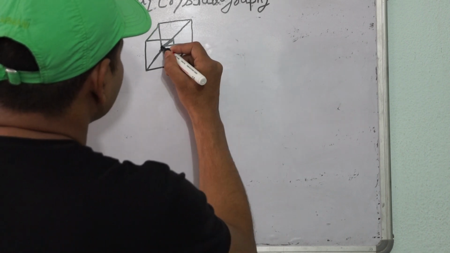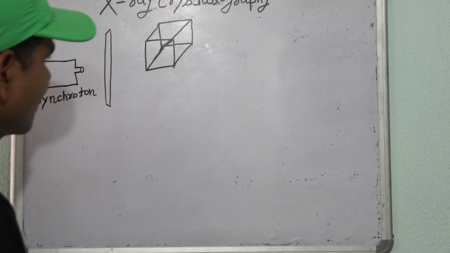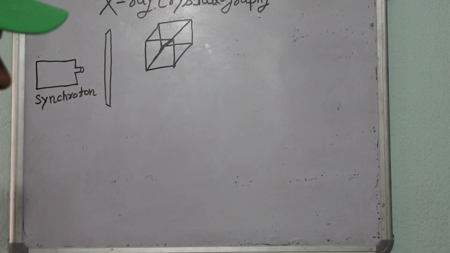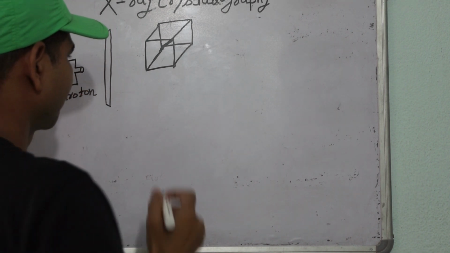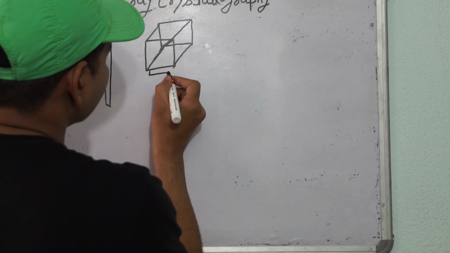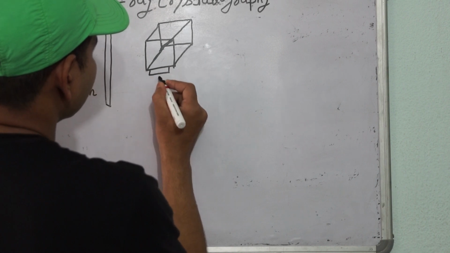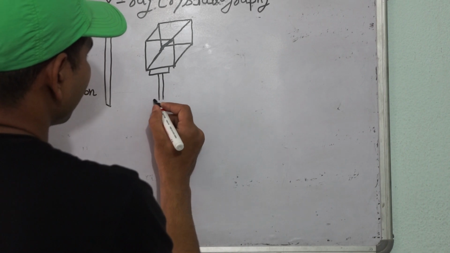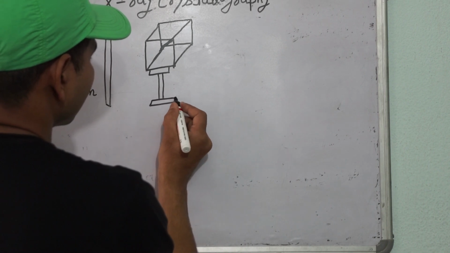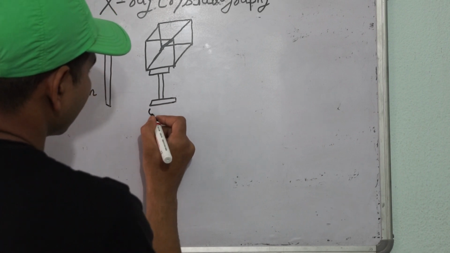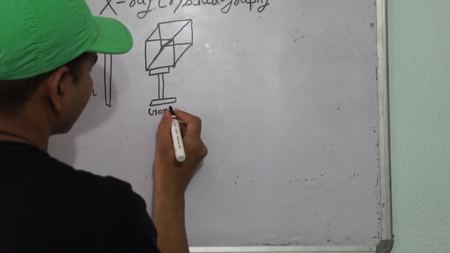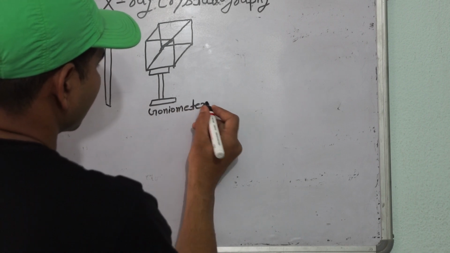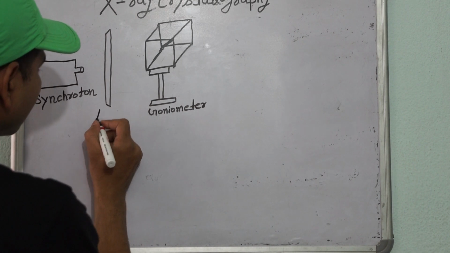This is the crystal of the sample, and this crystal is kept on the goniometer. This is the goniometer. The crystal is kept on the goniometer.